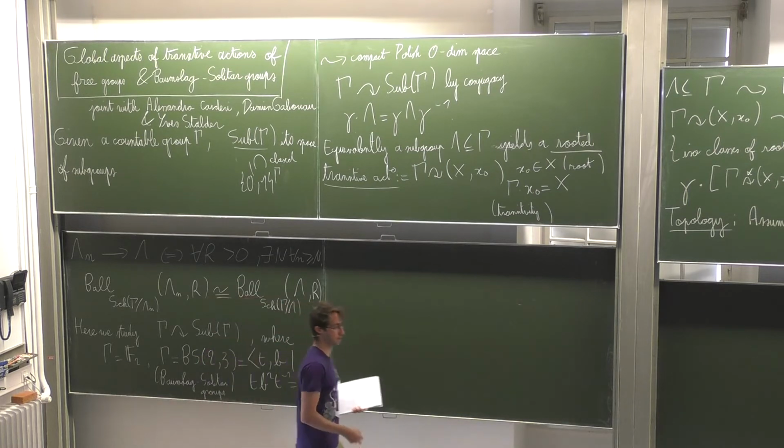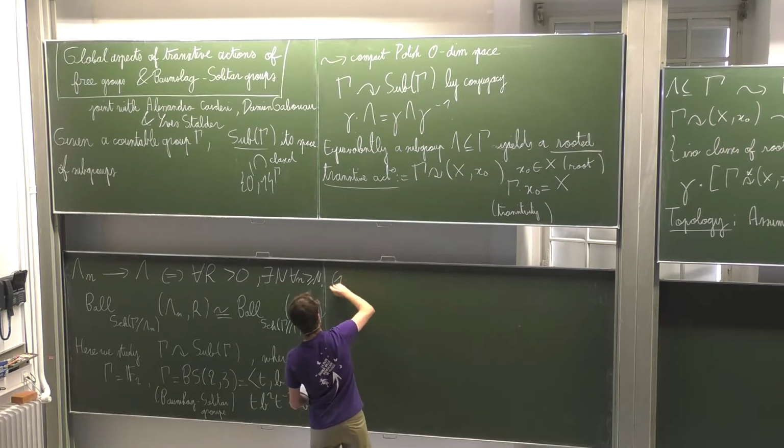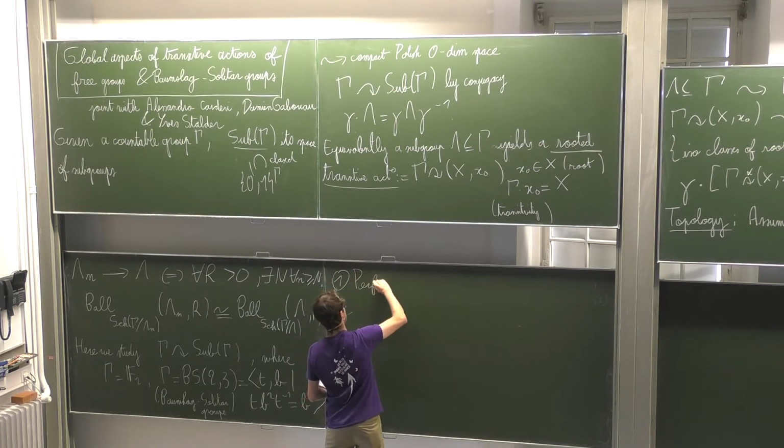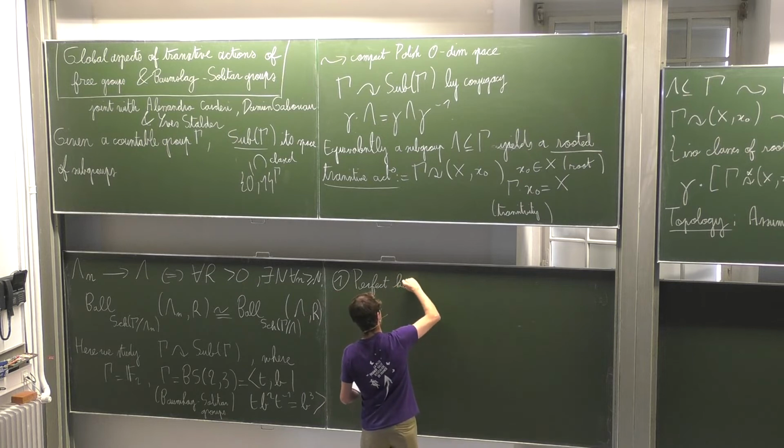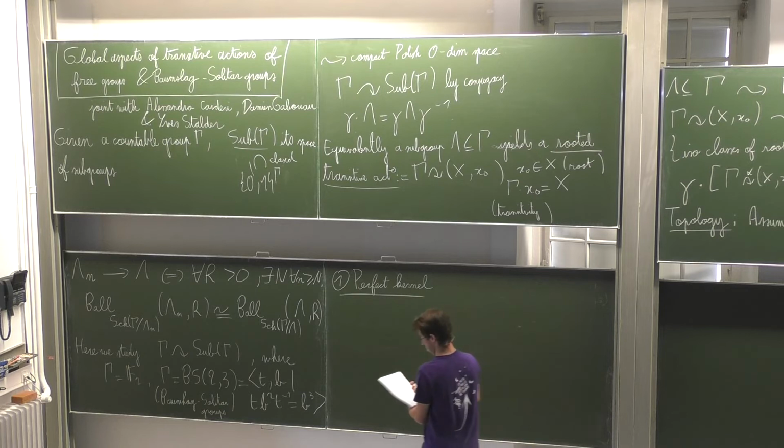Okay, so this is what we want to do: study this dynamically. The first thing that we can see is that we can restrict to the perfect kernel, in order to have something interesting. So what is this?